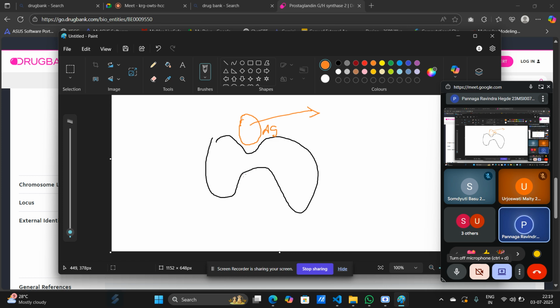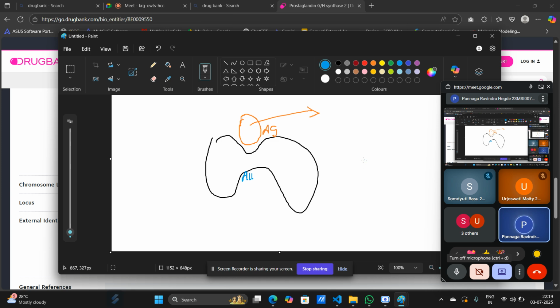Some targets will have one more site called the allosteric site. I'm just writing this in blue. It is not that it is always present opposite the active site. It can be anywhere, and that site is called the allosteric site. So this is not the active site of the target, but when a molecule comes and binds to the allosteric site, the effect of the target is going to be affected.